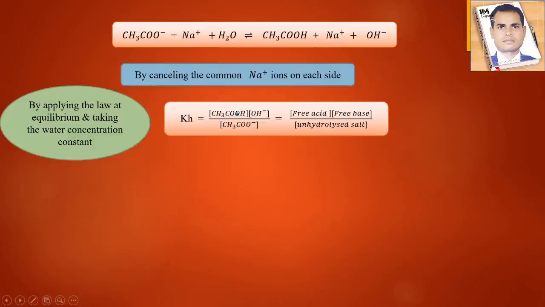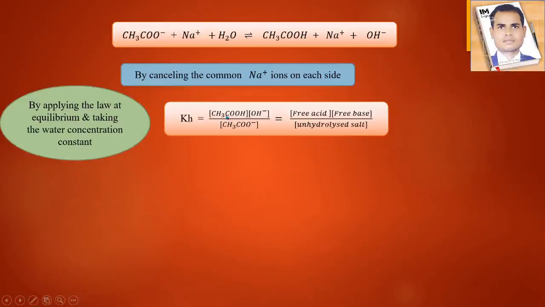So in this way, you take in brackets CH3COOH and OH minus, divided by the remaining species on the left-hand side, the acetate group, in brackets. So KH is equal to this; this is the free acid and this is the free base.